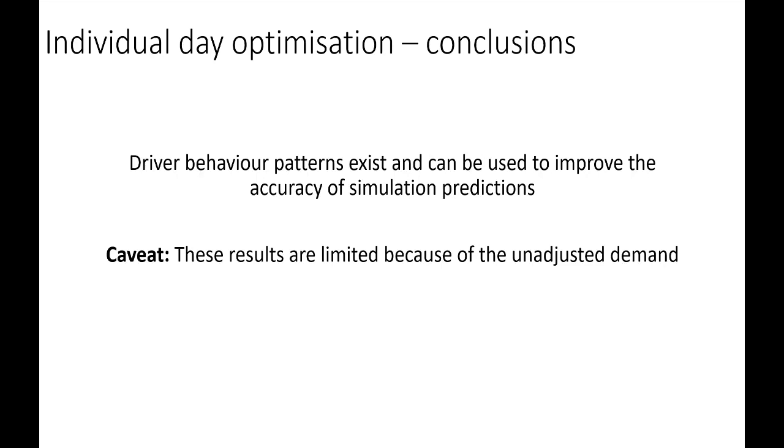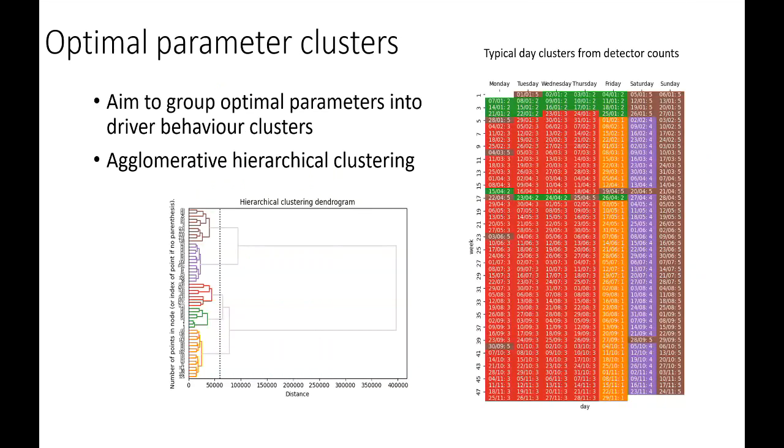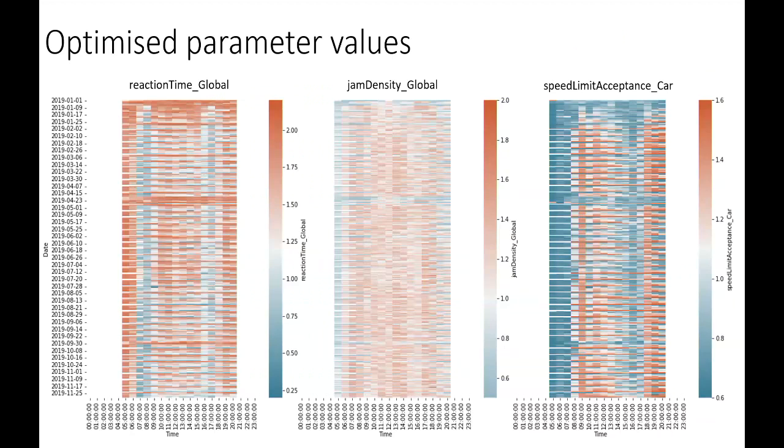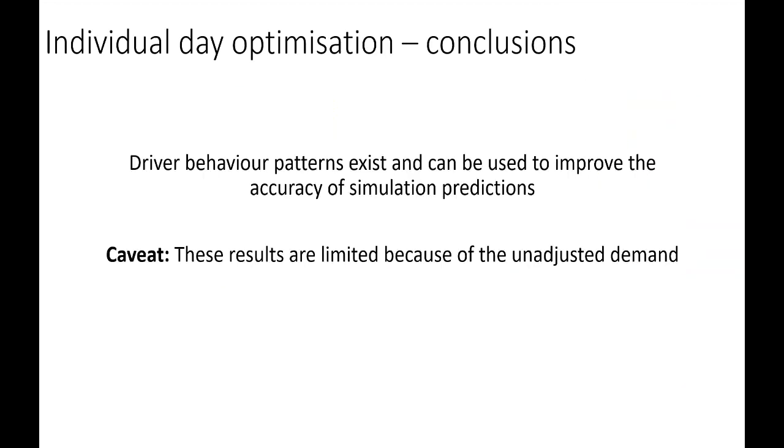So these individual parameters are very overfit. Clustering helps reduce that a little bit, but we're still overfit to the data a little bit because we don't have access to the unadjusted demand. We'd really like to work with the adjusted demand, but again, that would take years and years to actually do.